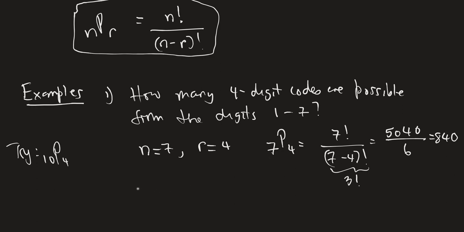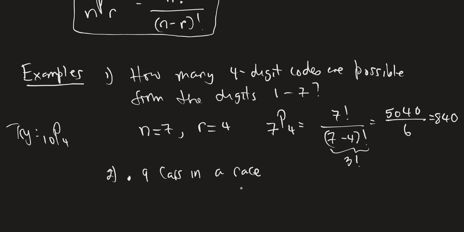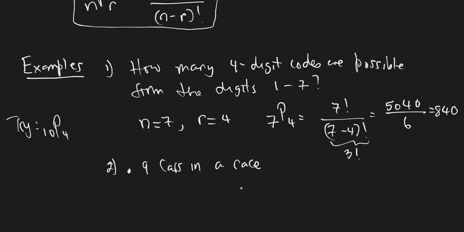So let's do another example here. Okay, so here's our scenario. We have 9 cars in a race, right? How many ways can they place first, second, and third, right?